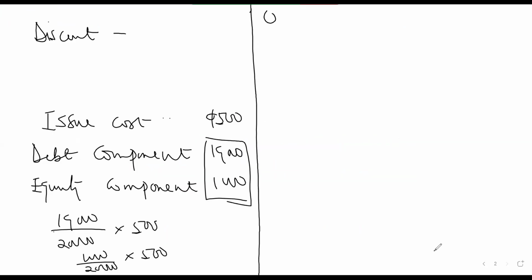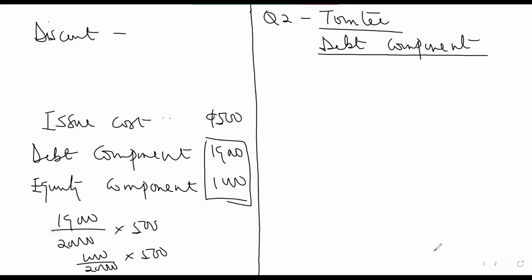That will be question number 2, term T. The separation will always be, you do the debt component first. So the debt component will always be the present value of all the cash flows.